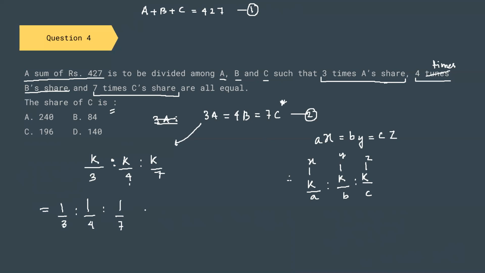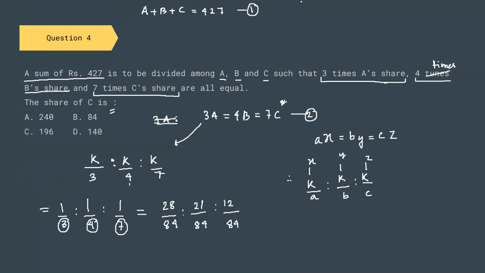So once we have this, let us simplify this one. The LCM of 3, 4, and 7 is 84. So we can write 28 by 84, 21 by 84, and 12 by 84.